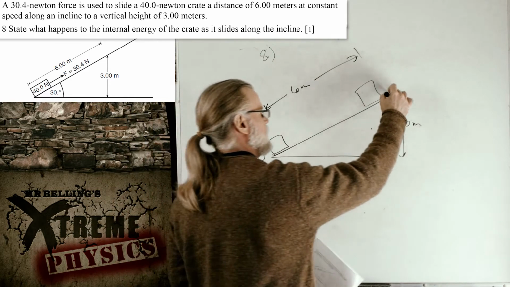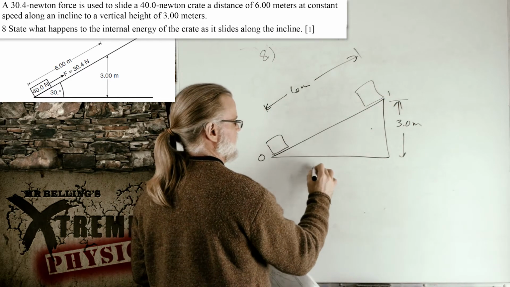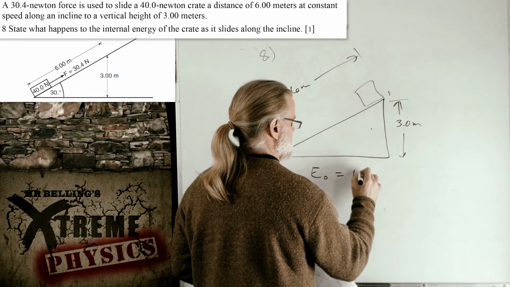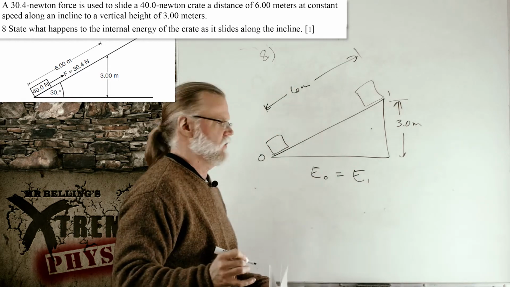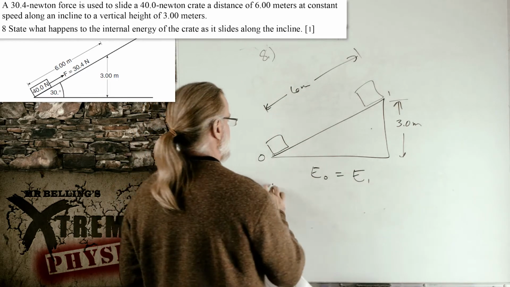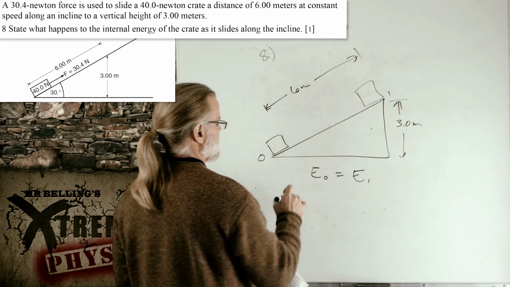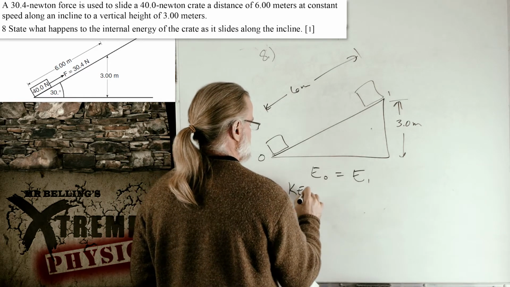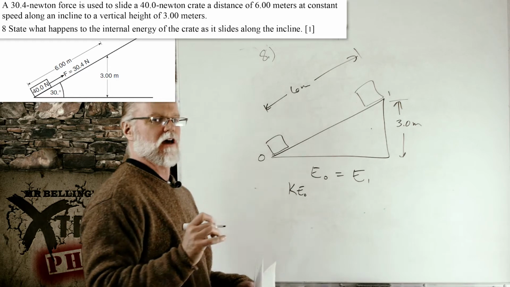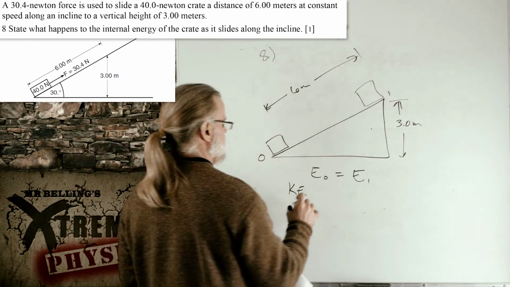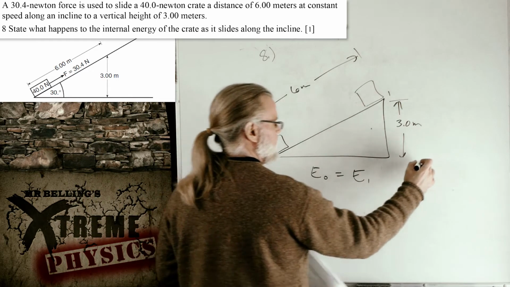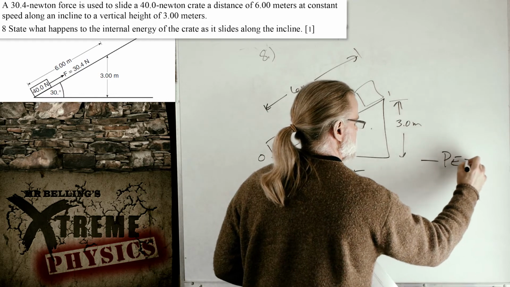That's point 0. That's point 1. The energy at 0 equals the energy at 1. Let's see what kind of energies we had in this case. Well, we started off with kinetic energy because they said it was moving at a constant speed the whole time. I'm going to call the bottom 0, and say potential energy is 0 at the bottom.